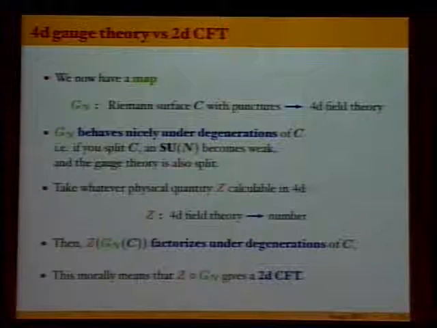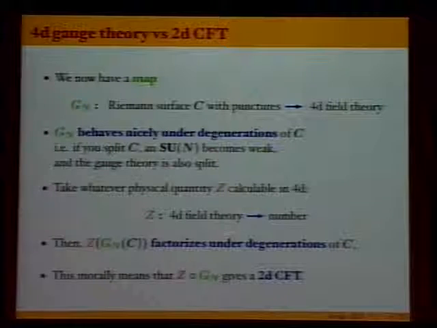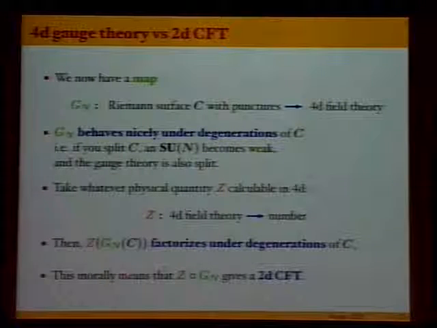Now, suppose we are given another quantity, some physical quantity which is defined for any 4D field theory, so that you can calculate a number. Then you combine these two maps. And suppose this Z is some multiplicative quantity if you're given a totally separated theory.